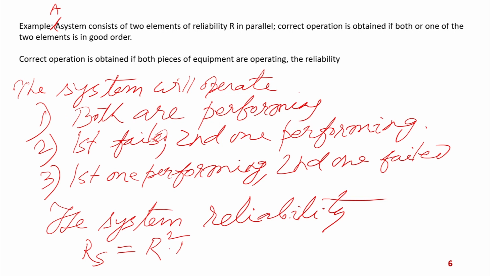Then the first one fails, so I am using the failure function F, and the second one is working, so I put R. And in the third case the first one is performing, so it is R F. These are just multiplications. So, I can write this as R squared plus 2RF.